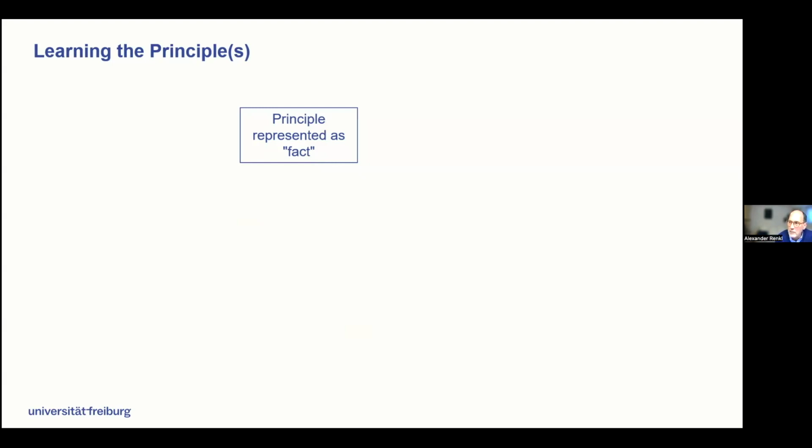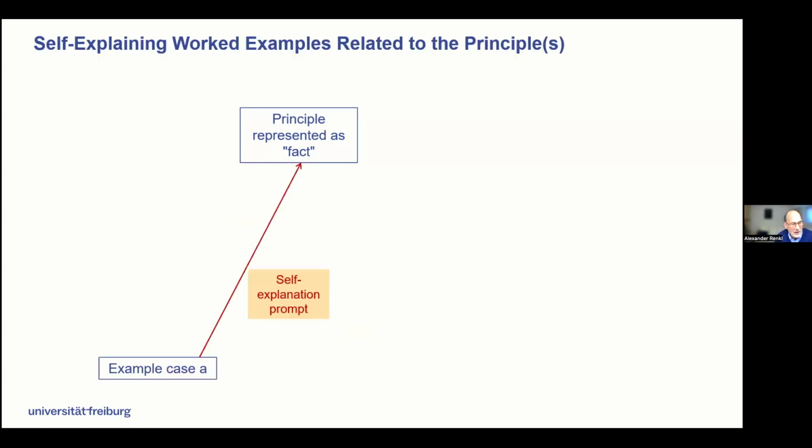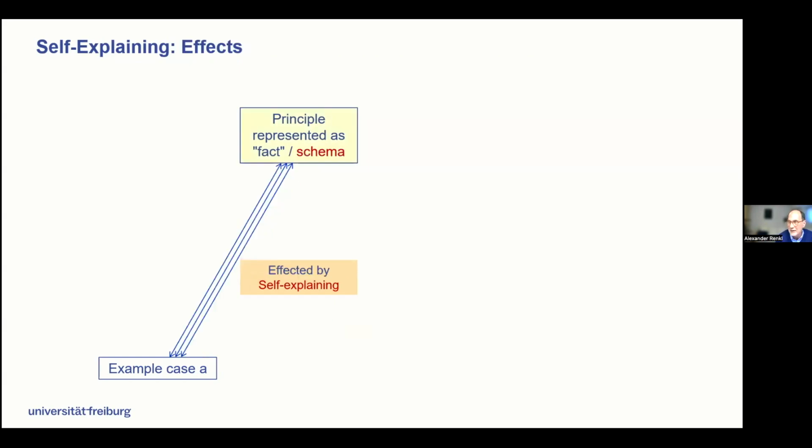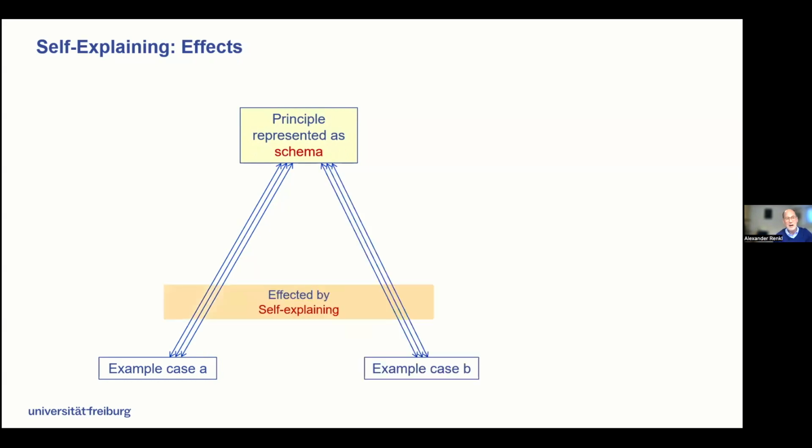examples. But then you get a first worked-out example case and a self-explanation prompt that encourages you to make a precise mapping between the example case and the principle. And if you have several example cases, the fact becomes a schema.